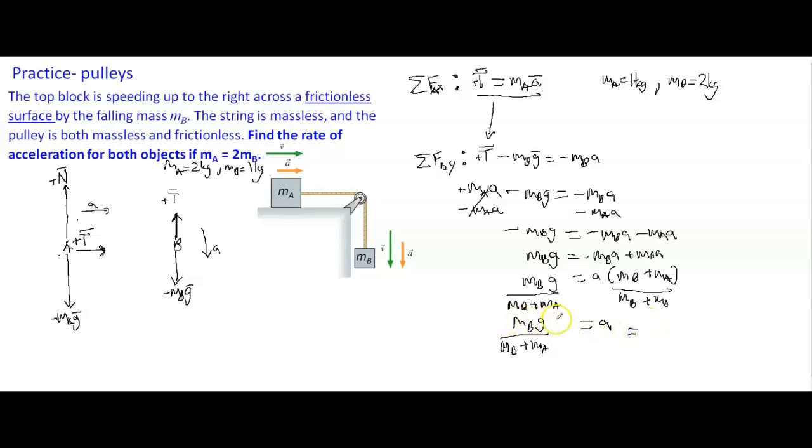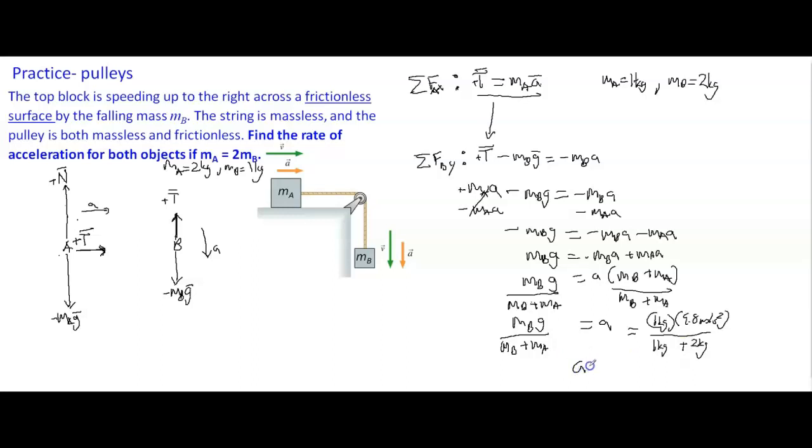Well, mass B, we're saying, is 1 kilogram. So that's 1 kilogram times g, which is 9.8 meters per second squared, divided by 1 kilogram plus 2 kilograms.